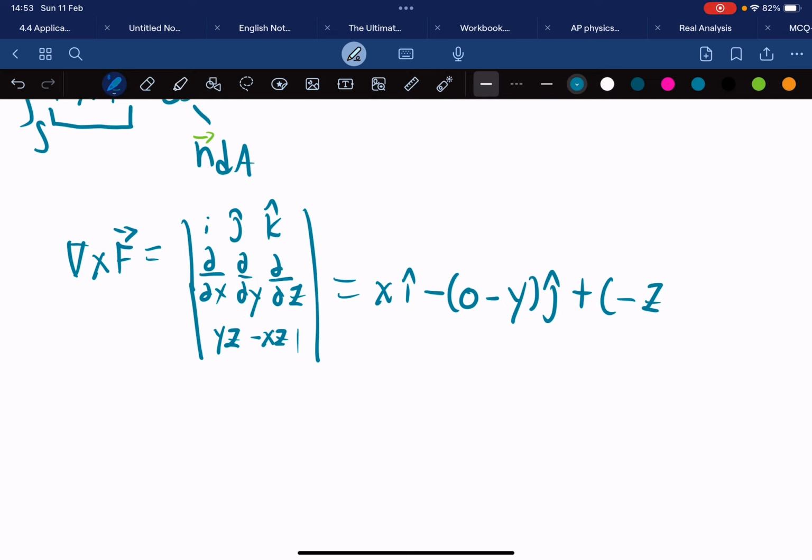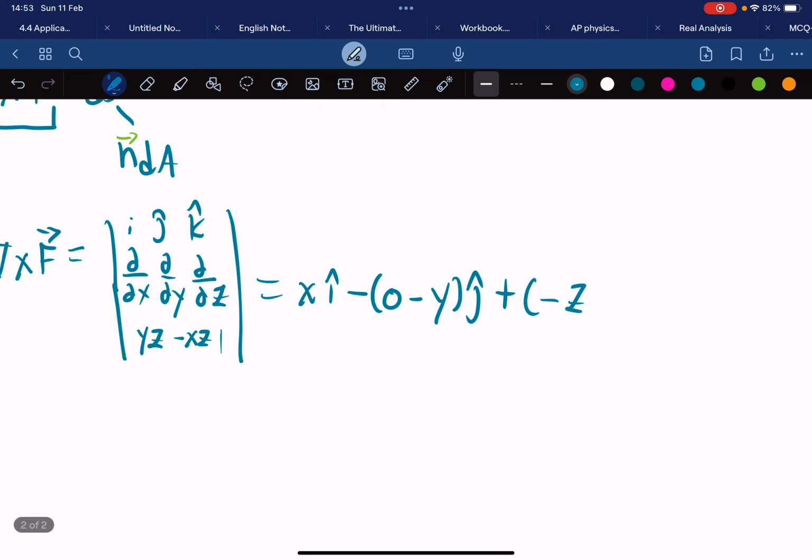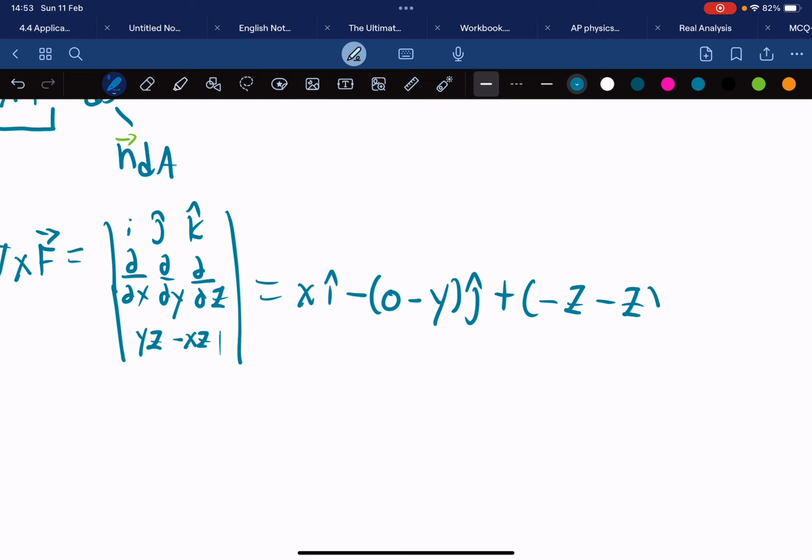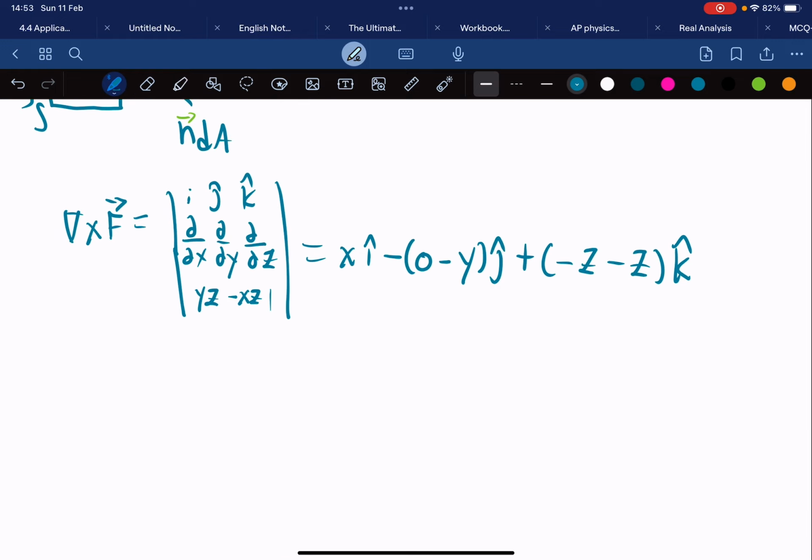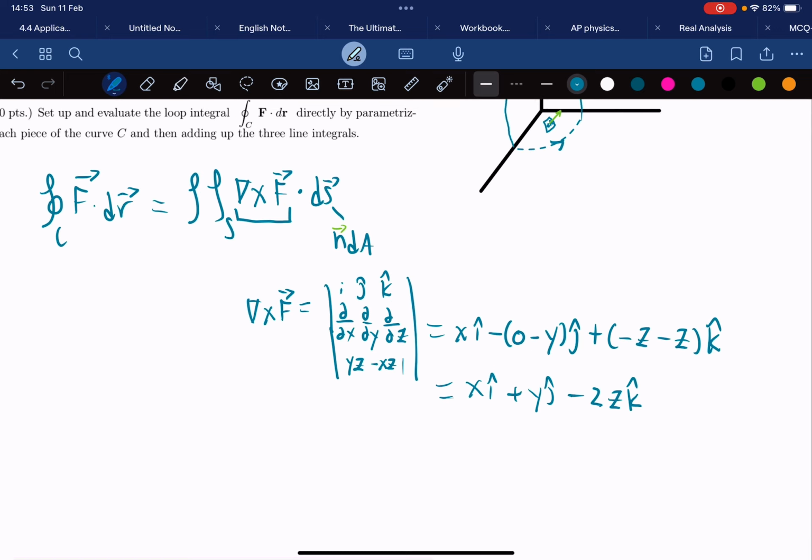The partial derivative of yz with respect to y is just z, so we subtract z, and that's going to be in the k hat direction. So just cleaning this up, we get x i hat plus y j hat minus 2z k hat.